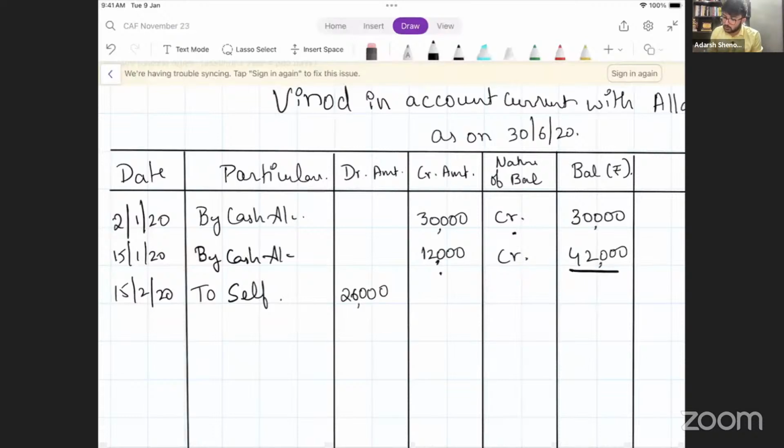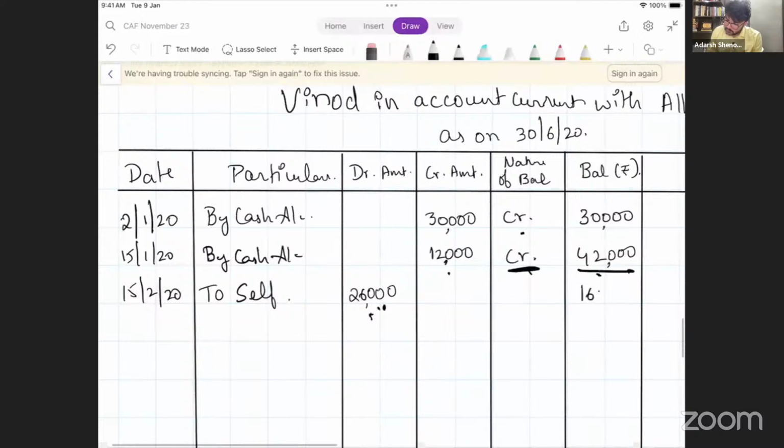Now, 42,000 is the opening balance, credit balance it was. Now we have to debit. So 42,000 credit, we will minus this because we're debiting it. How much is the balance left? 16,000 is the balance left. Is it debit balance or credit balance? What is the nature of the balance?